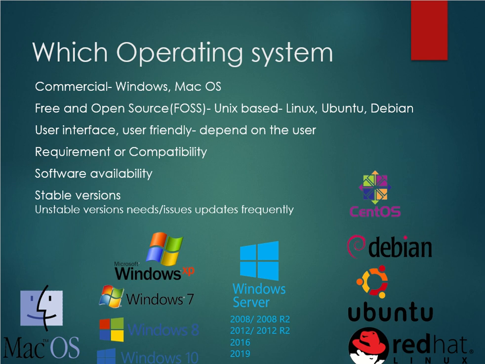So let's say if you want to install AutoCAD, then most of the time you have to go for a Windows operating system. But for day-to-day work, you can use a free and open source operating system like Debian. Then we can install their Office package like OpenOffice, LibreOffice, like that.